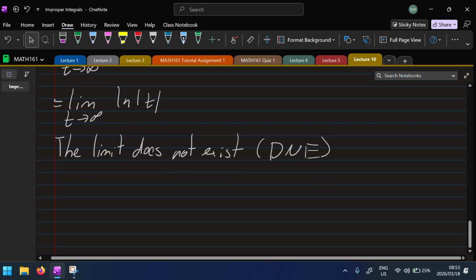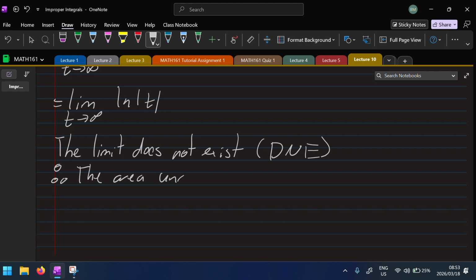Therefore, that area is infinite. Any questions for this one? All good.